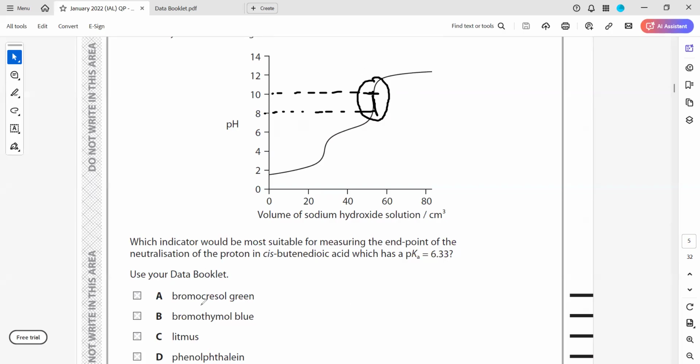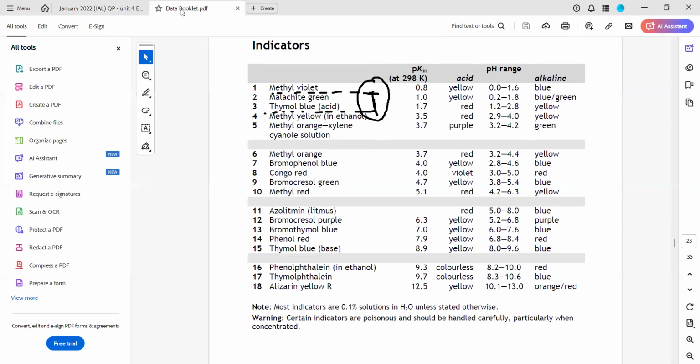So when we check bromocresol green, there are 2 verticals, but if there is a color change in the first vertical region, then how will I know that the reaction is complete?